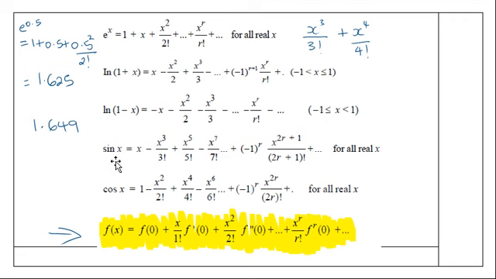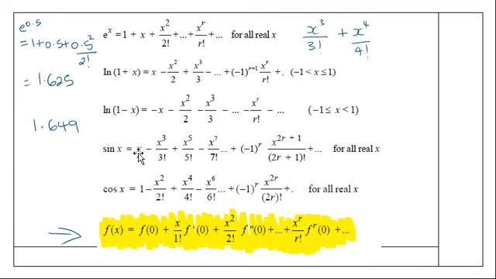But because we want sine of x over 2, we're going to replace these x's with x over 2. We're only going to go up to this term. We don't need to go beyond this term because the question had said up to the x to the 4th term. So we wouldn't have gotten to the x to the 5. So we're only going to involve these two.